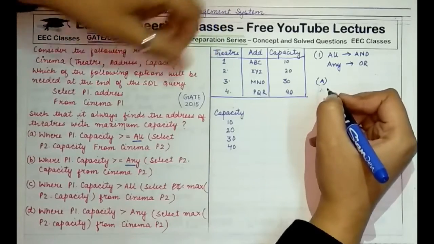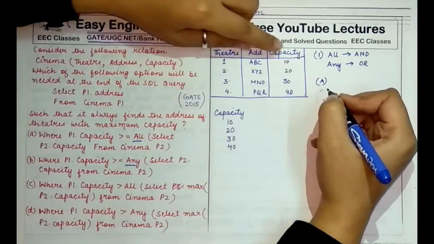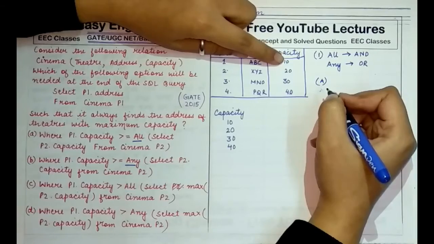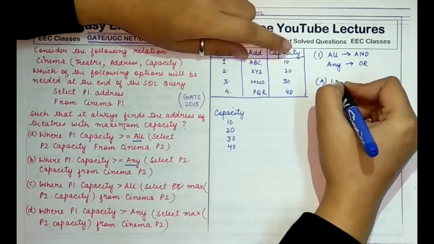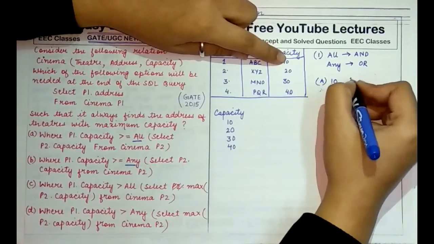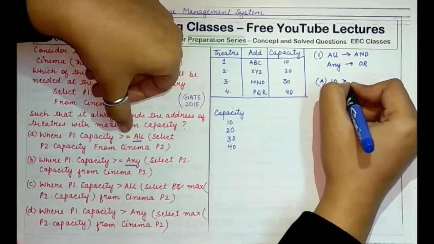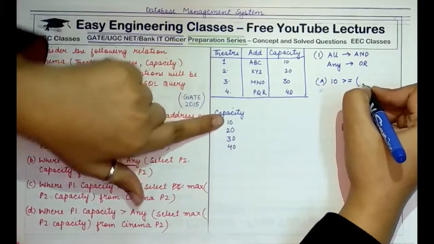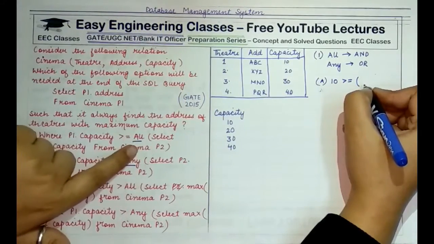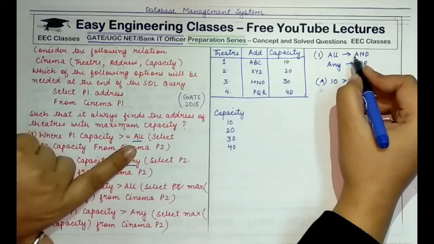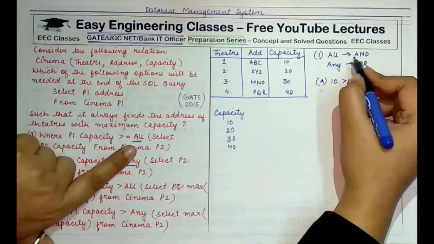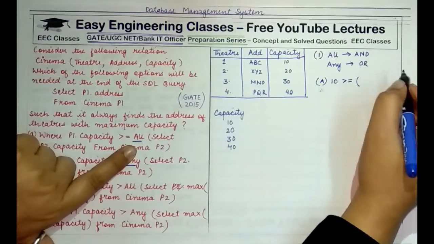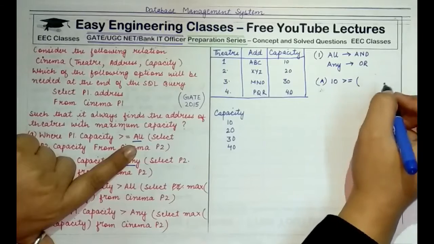So when choosing the capacity from the table, we'll check for 10. Starting with 10, is 10 greater than or equal to all the values of the inner query, and we would use the keyword AND in place of OR between all these values.